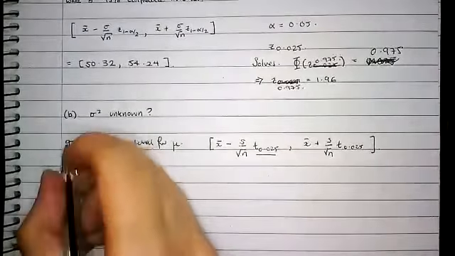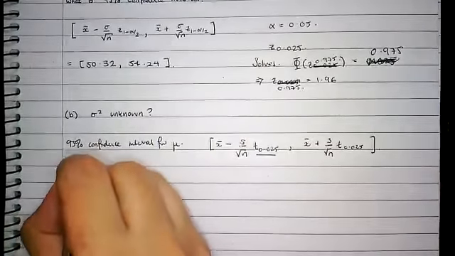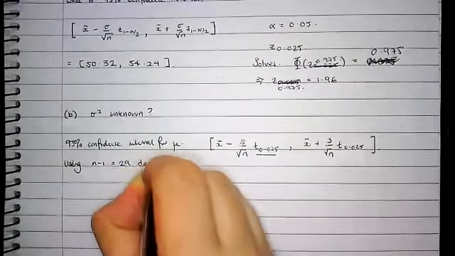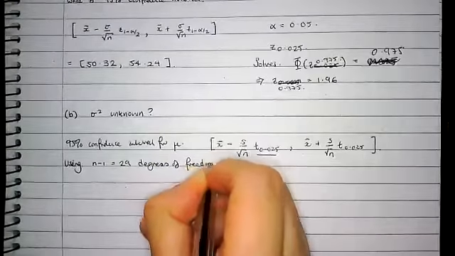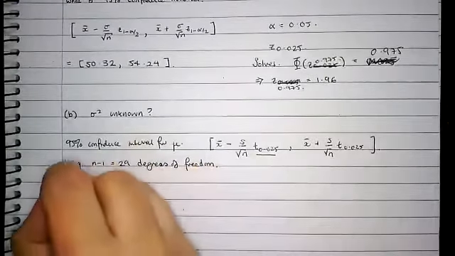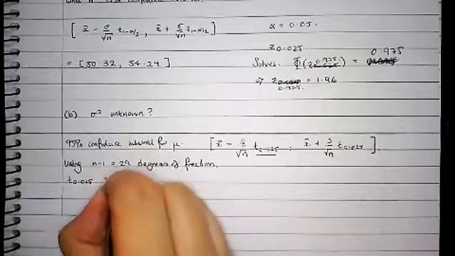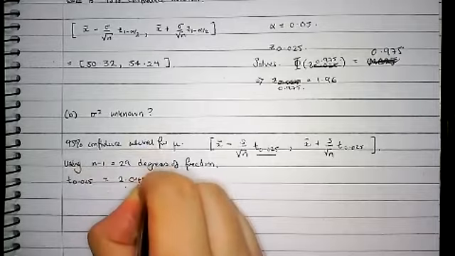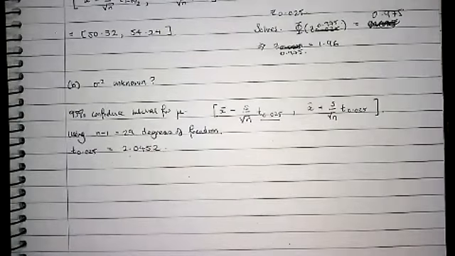So we will have t 0.025 is going to be 2.0452, this one.